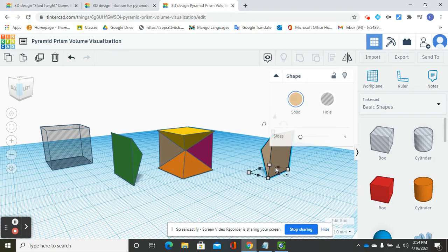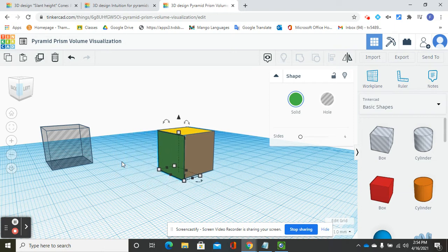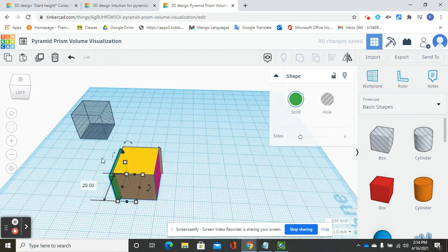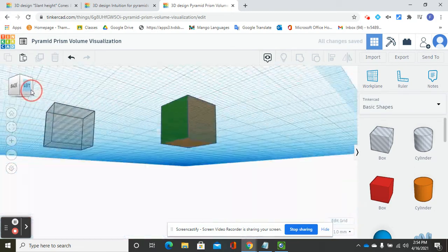So you can notice that there are going to be exactly six pyramids fitting into the exact same shape and size as this prism that is twice the height. So there I have it. There's my box. I haven't exactly put it together correctly, but there we go. I've got the exact same shape as the box.